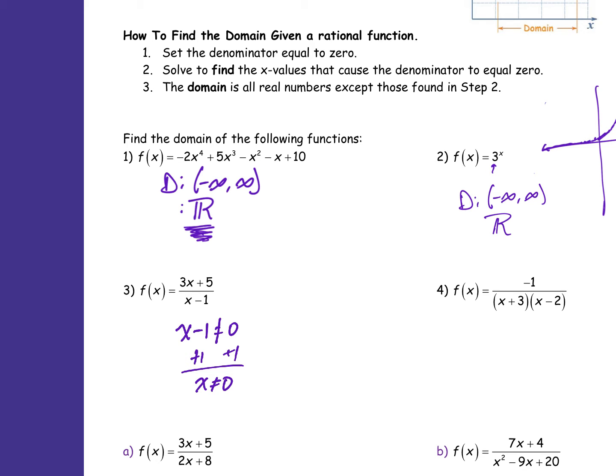Now I have to write my domain a little differently. So my domain is going to go from negative infinity to, oh, why did I put 0 there? Wow. I said 1 and I wrote 0. It's going to go from negative infinity to 1, and then from 1 to infinity.